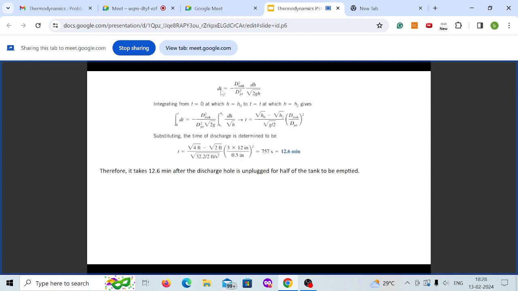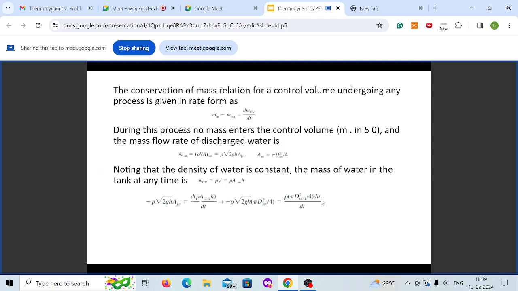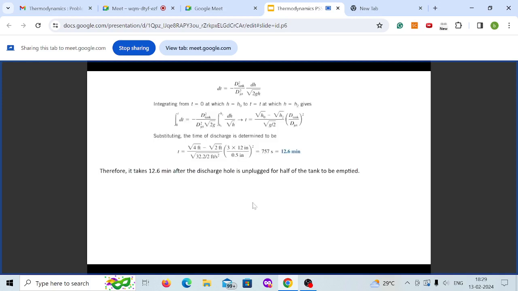The pi d square of tank by 4 will go out, so it will become dh by dt. Taking dt to the left side, we get a simplified expression with respect to time: dt equals minus d square of tank by d square of jet into dh by root 2 gh.